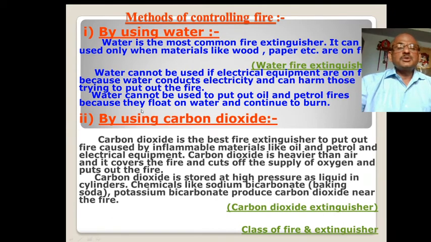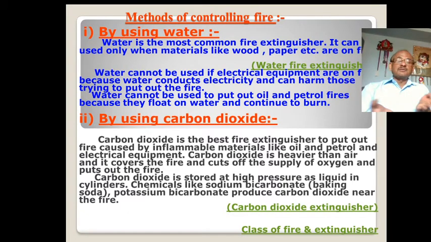Second is by using carbon dioxide. Carbon dioxide is the best fire extinguisher to put out fire caused by inflammable materials like oil and petrol and electrical equipment. Carbon dioxide is heavier than air, so it covers the fire and cuts off the supply of oxygen and puts out the fire. Carbon dioxide is stored under high pressure as a liquid in cylinders.